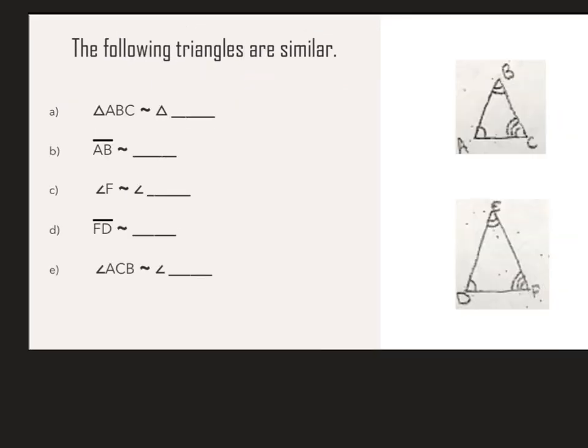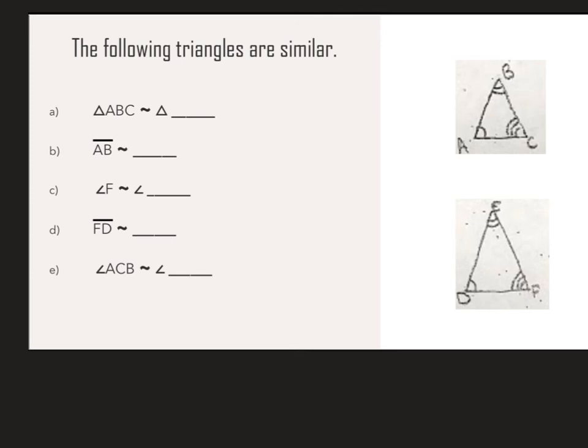All right, next one we're doing the same thing. This time we're just looking at 2 triangles instead of 2 polygons. So the following triangles are similar. That's what they're telling us, they are similar. So in similar figures, remember back, corresponding angles are congruent, meaning their angles are the same. Corresponding sides are proportional. So they told us this.